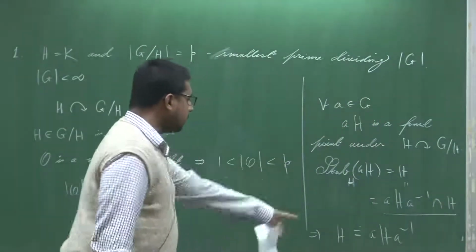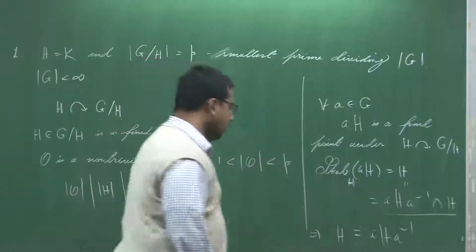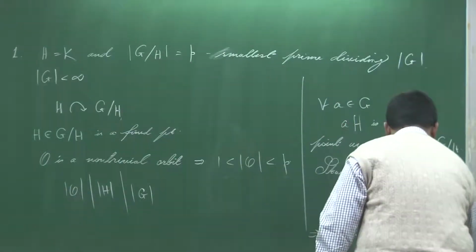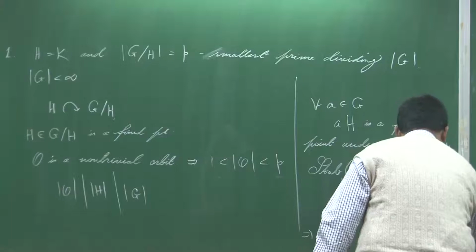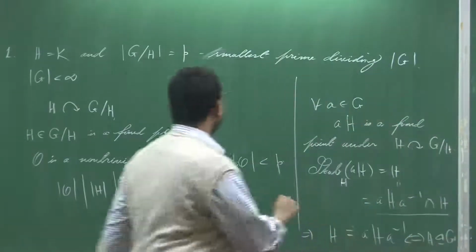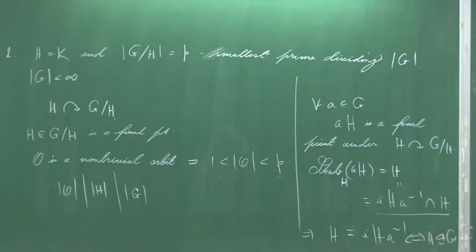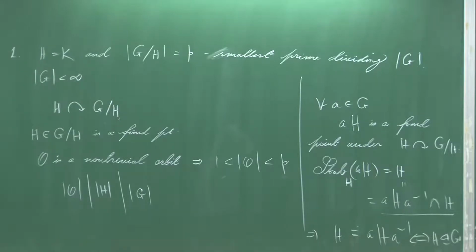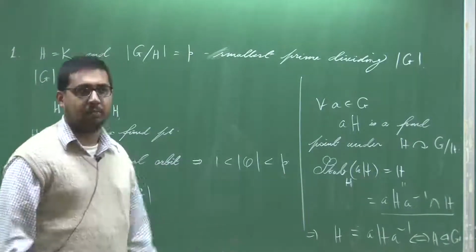This shows that aH is normal, which is equivalent to saying that H is normal in G. So that is what we have proved: for a finite group, if a subgroup has index the smallest prime dividing the order of the group, then the subgroup has to be normal.